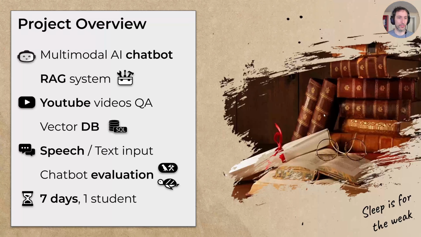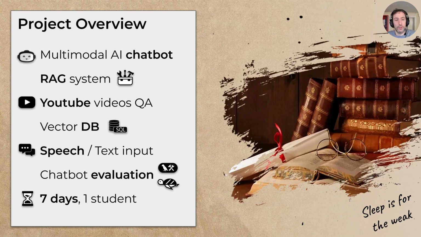I'm going to give you a gross overview of it. On paper, we were asked to build a multimodal AI chatbot and implement a RAG system, so a retrieval augmented generation system. The chatbot using the RAG system should be able to retrieve YouTube transcripts and answer questions about them.